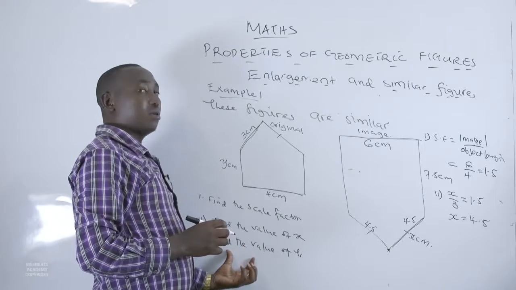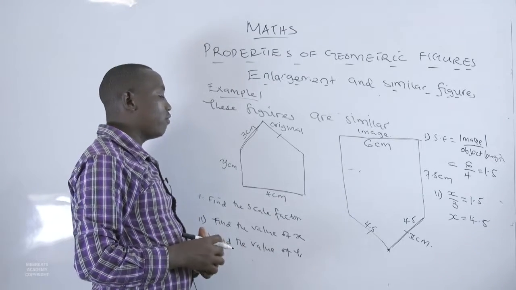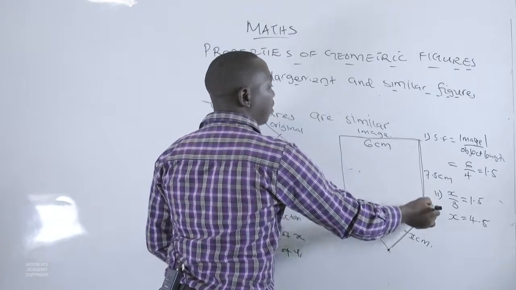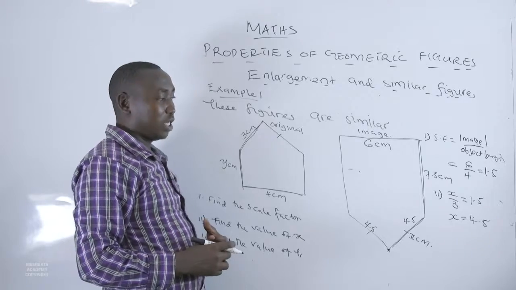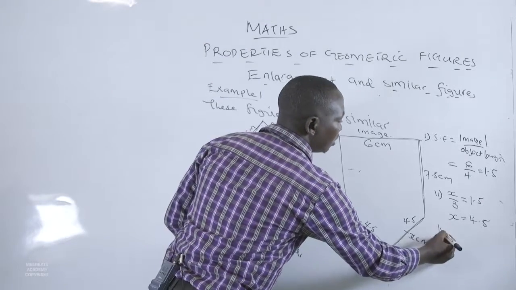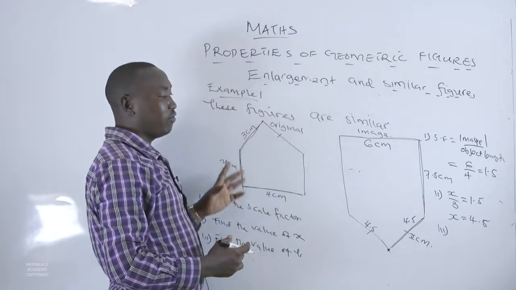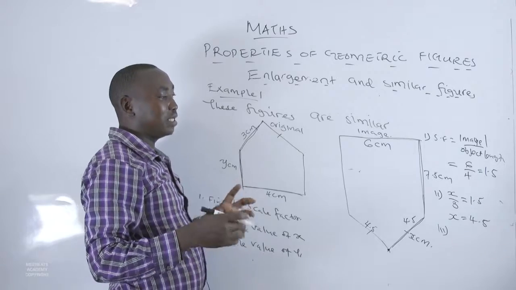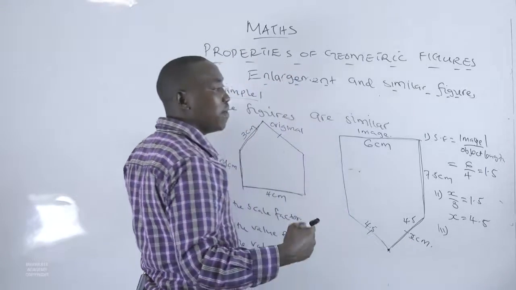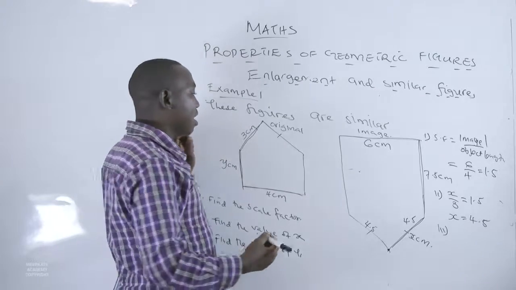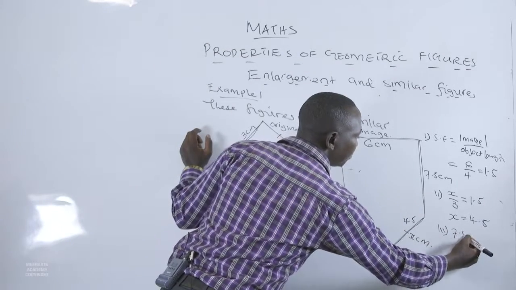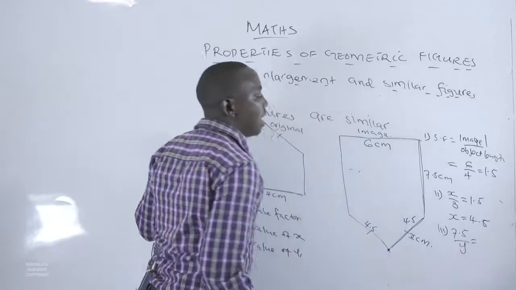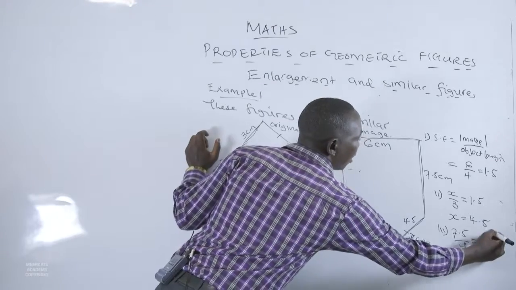The last question, find the value of y. We understand that y corresponds to 7.5 on the image, and therefore to find the value of y, we again use the formula for finding the scale factor, which is the image length over the object length. The image is 7.5 all over y, and it should be 1.5.